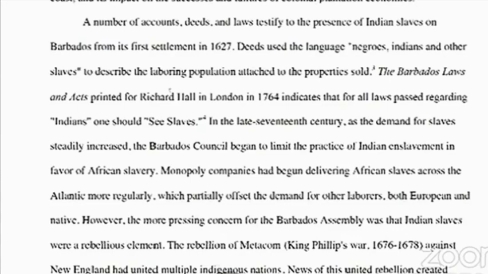The Barbados Laws and Acts printed for Richard Hall in London in 1764 indicates that for all laws passed regarding Indians, one should see slaves. All right, so they made it synonymous.